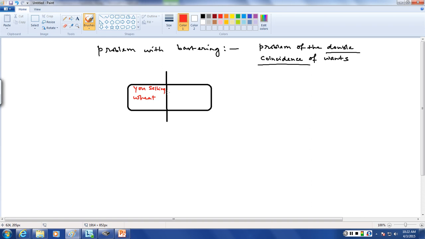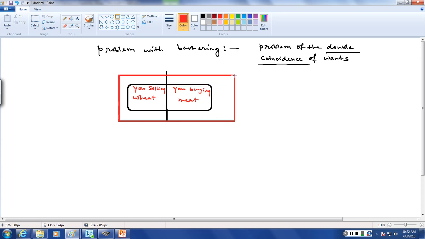The other transaction is you buying meat. Correct? But in the days of the barter economy, both these transactions are combined into a single one. They are a single transaction. Am I correct? And that's the problem. That's why we have this problem of the double coincidence of wants.